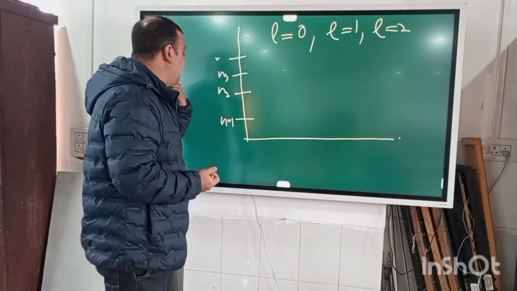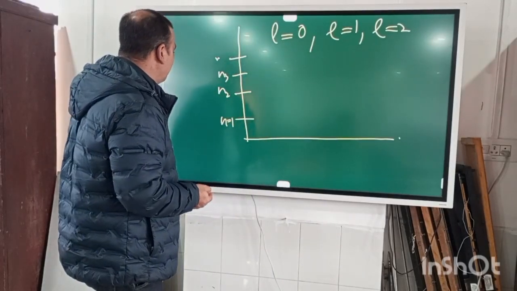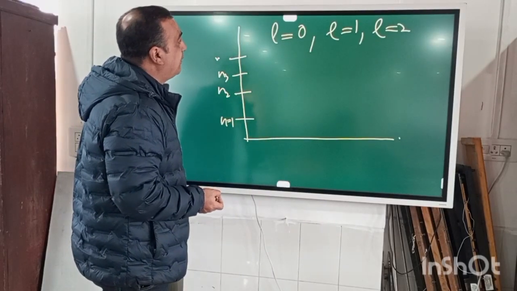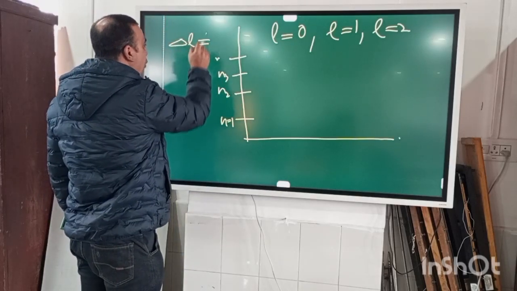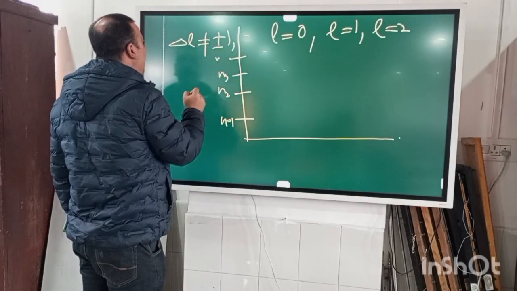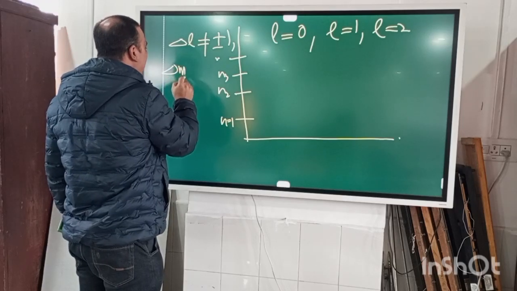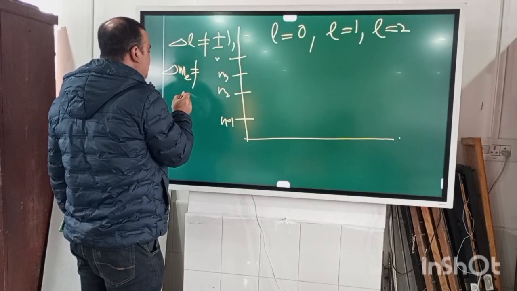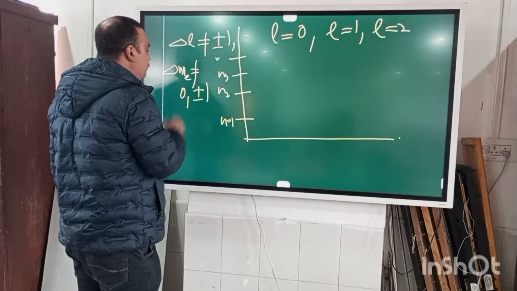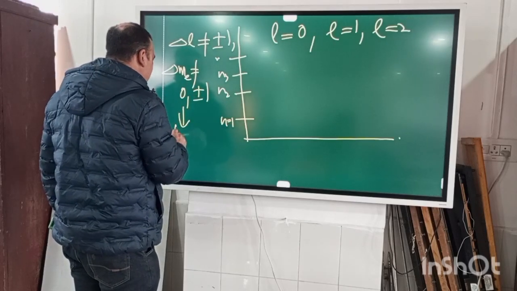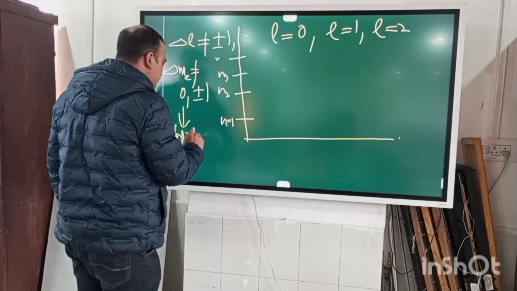Such transitions, in which delta L is not changing by ±1, in which delta ML is not changing either by 0 or ±1, will all be treated as forbidden transitions.